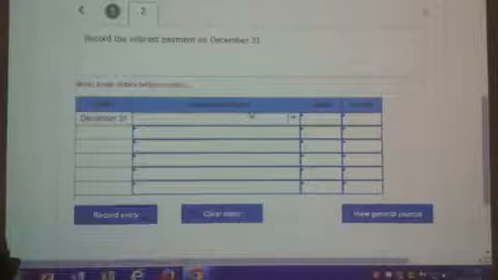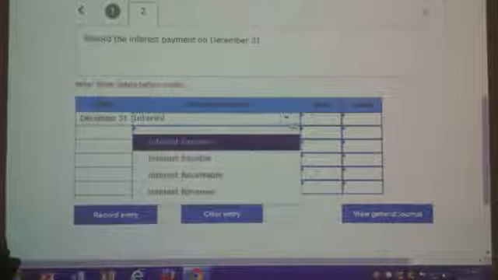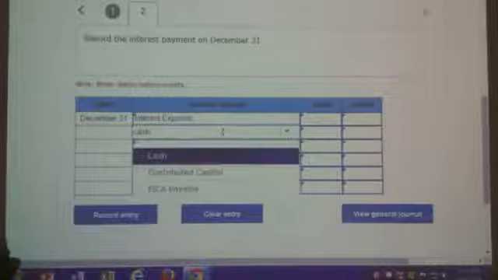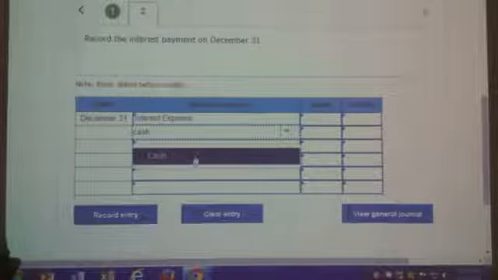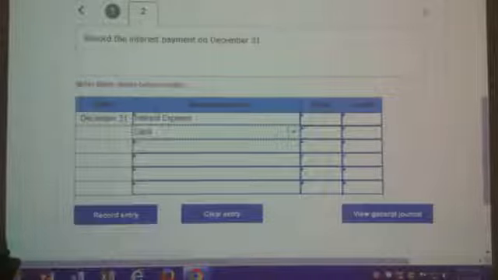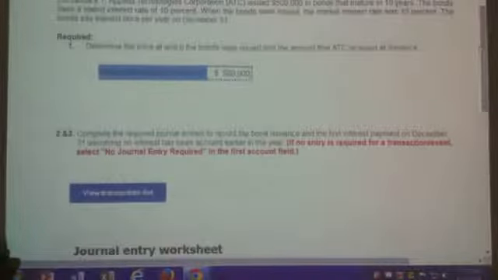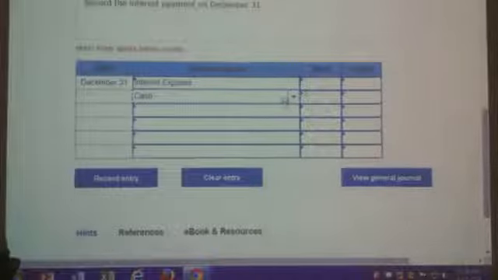We had to pay interest, so that is interest expense. We paid cash. In order to come out with the amount, we multiply the principal, 500,000, times the stated rate, 10%. 500,000 times 10% is $50,000.